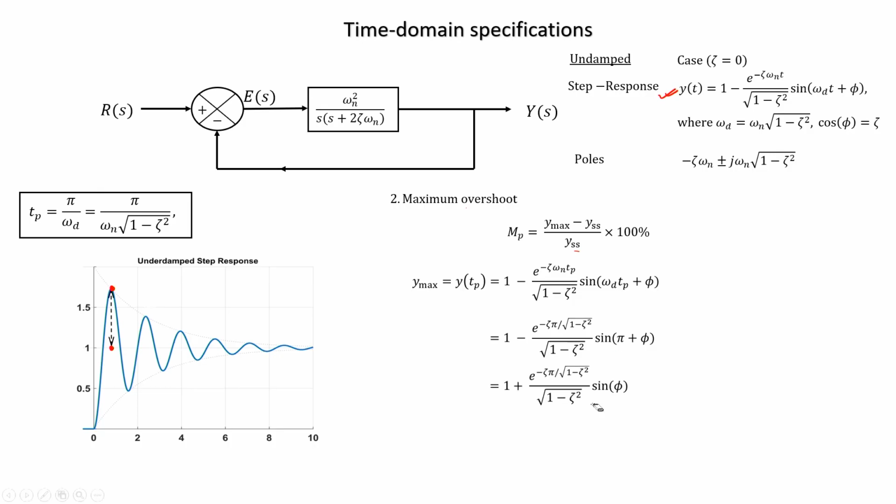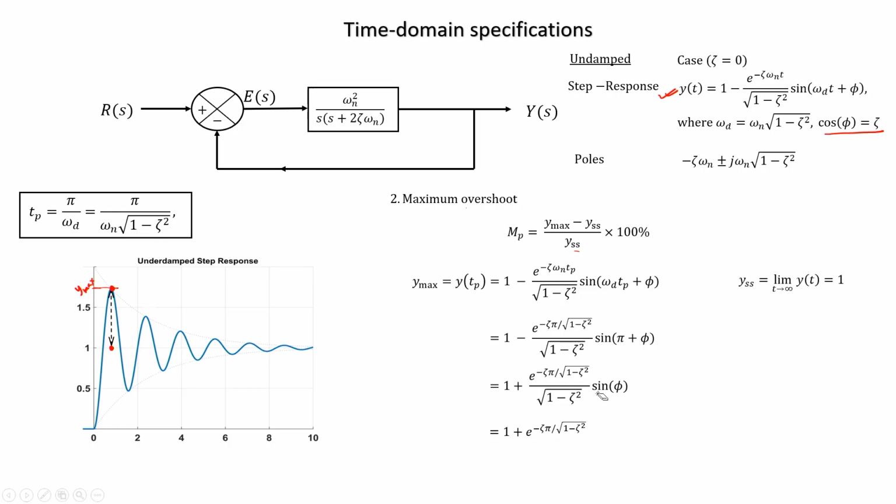So, sine of pi plus phi is minus sine phi. So, this is what you will get, and finally, what is sine phi? Since cos phi is zeta, so sine phi is root over 1 minus zeta square. So, this and this will cancel out, you will be left with this. So, this is the maximum value that you have, y max here.